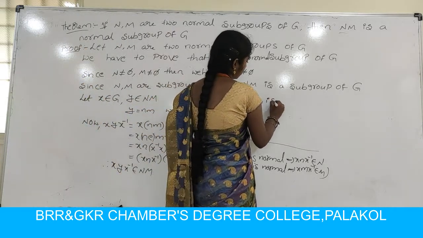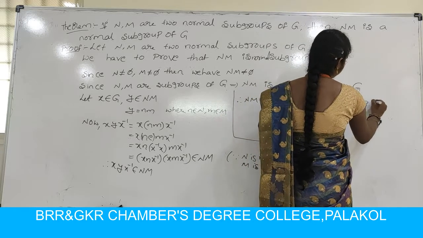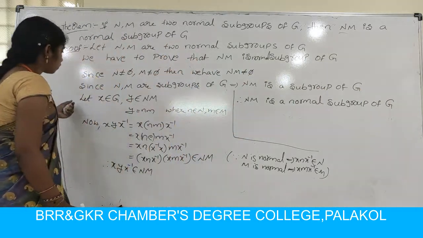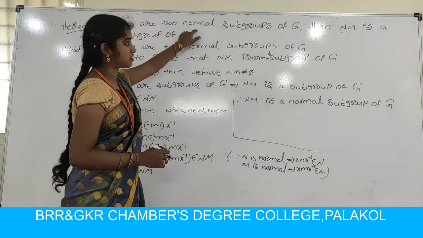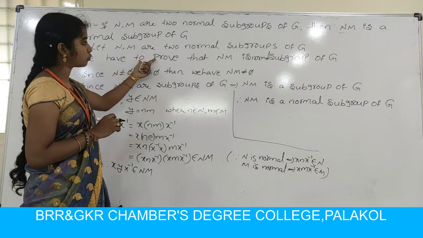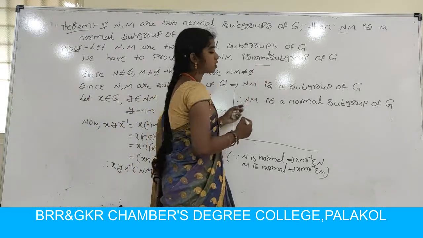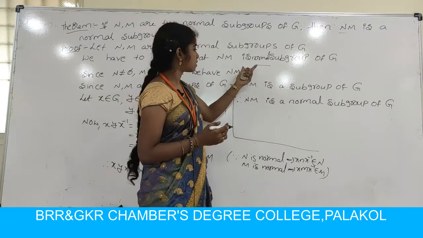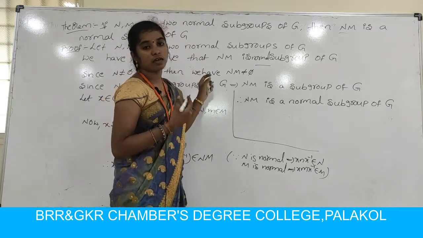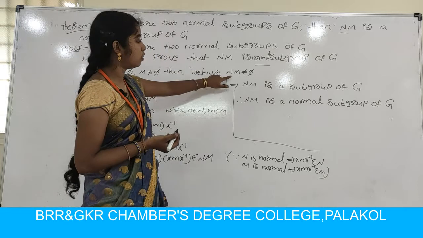Therefore NM is a normal subgroup of Z. So first of all, N, M are two normal subgroups of Z, and we have to prove that NM is a normal subgroup of Z. First we have to show that it is non-empty and a subgroup. N is non-empty, M is non-empty, non-empty meaning at least one element, so NM is also non-empty.